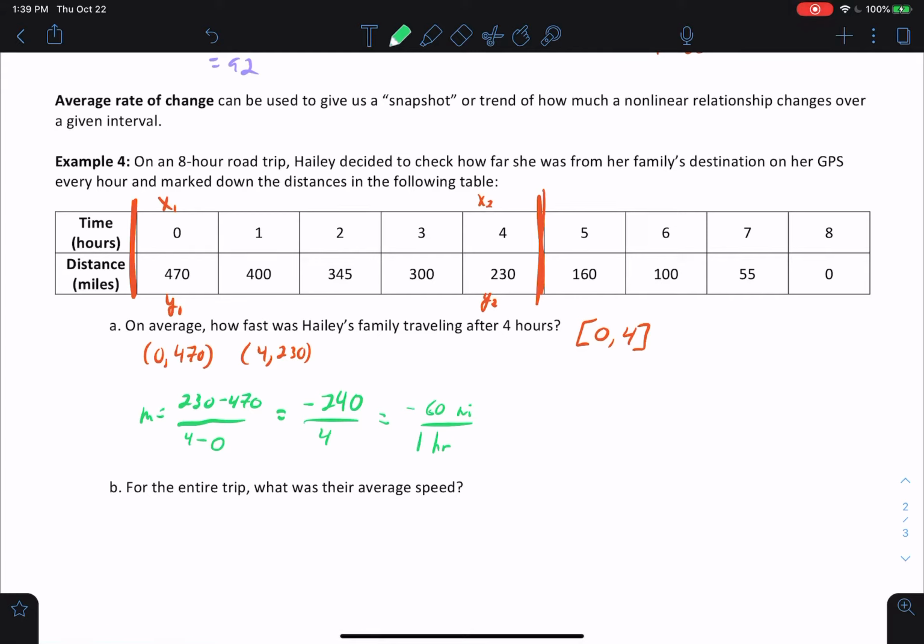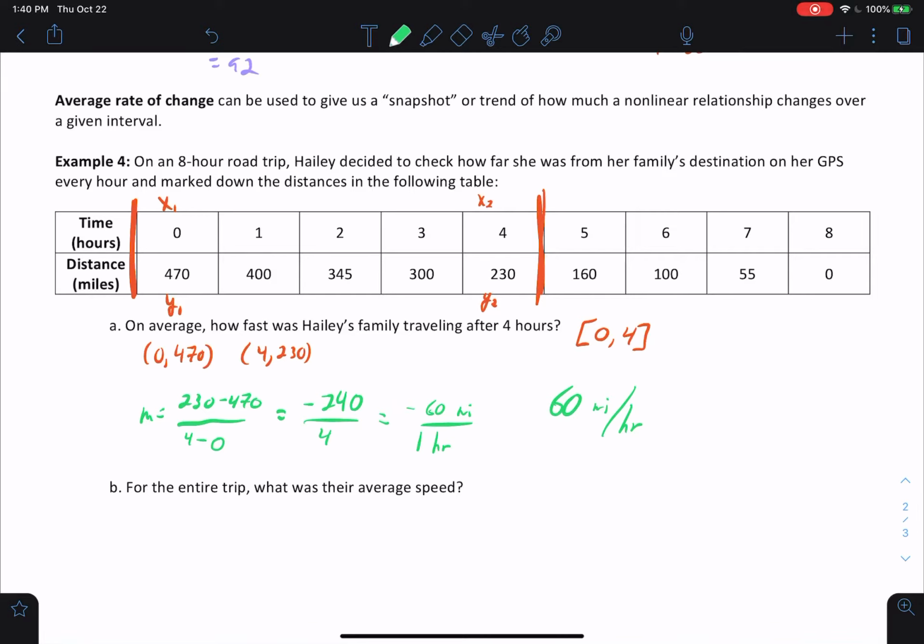Okay, that is the unit rate here. What does that mean? How fast was Haley's family traveling after 4 hours? They were traveling 60 miles per hour. Okay, now I understand that the slope was negative there, but they're traveling at a rate of 60 miles per hour.